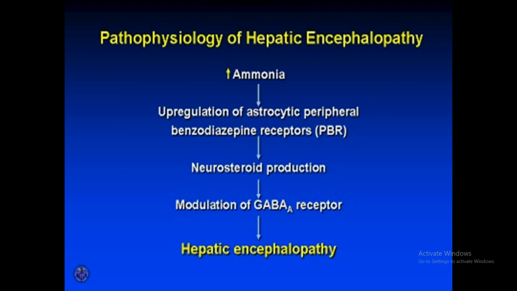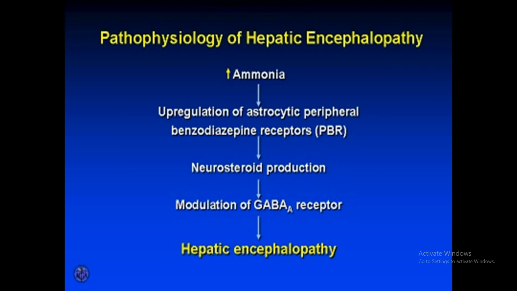And there are other theories as well. Mercaptans are released. Endogenous benzodiazepines may be responsible. There are many theories behind it. Nobody accepts all theories. The only thing they can accept, the Americans say, is that ammonia is the culprit agent in most of the cases, but they have seen normal ammonia levels in 20% of cases.